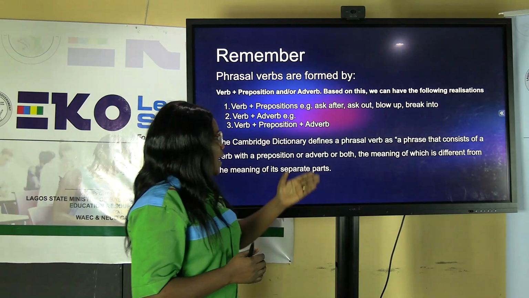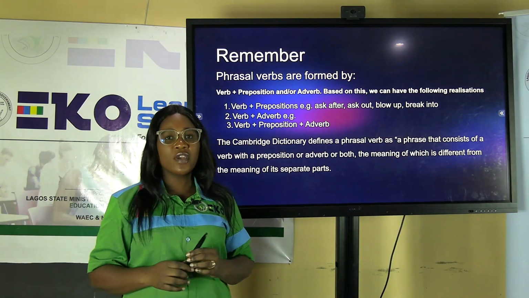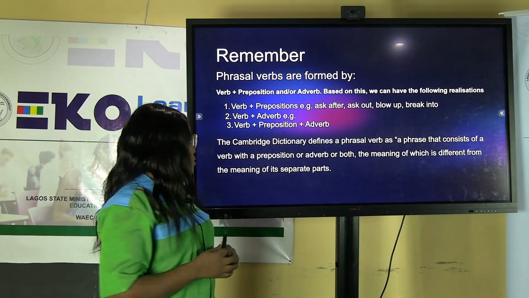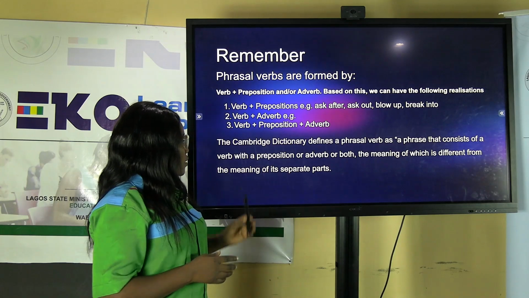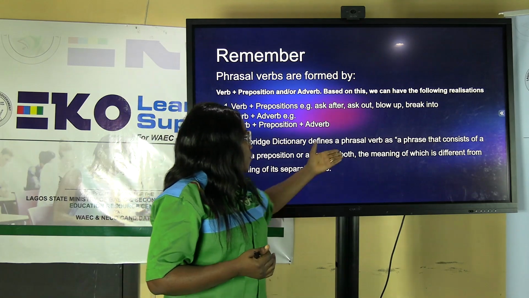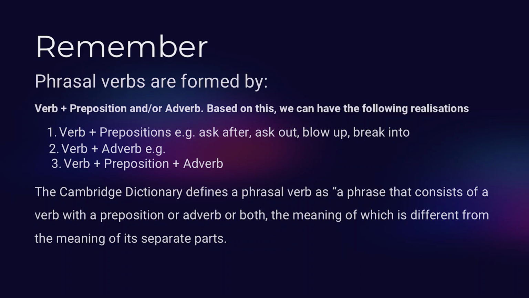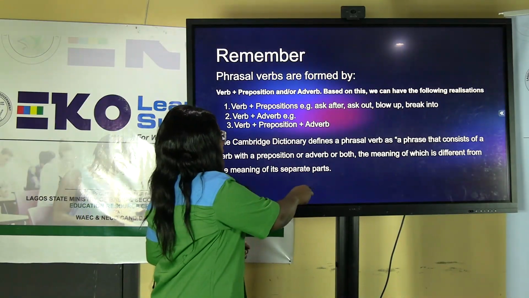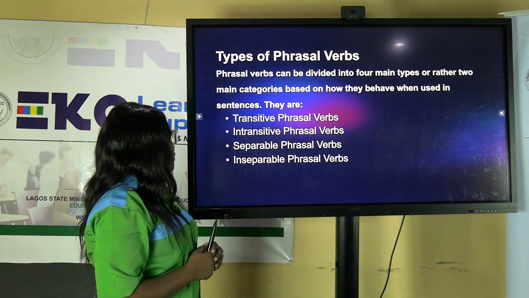Based on these, we can have these three realizations. The Cambridge Dictionary says that a phrasal verb is a phrase that consists of a verb with a preposition and an adverb. Okay, let's move right on.